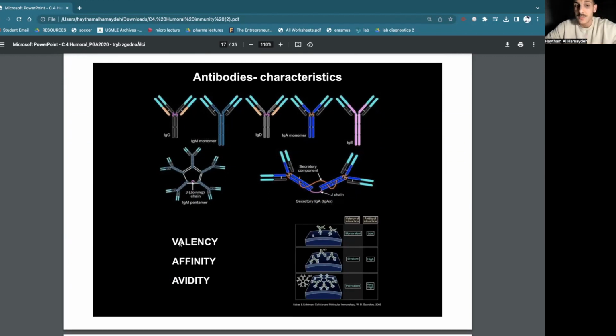Affinity: the strength of one antibody bound to one antigen. Avidity: the sum of those strengths. Okay, again, valency, how many are bound at this moment. Affinity, the strength of binding between one antigen and one antibody. Avidity is the sum of all the strengths. Okay.